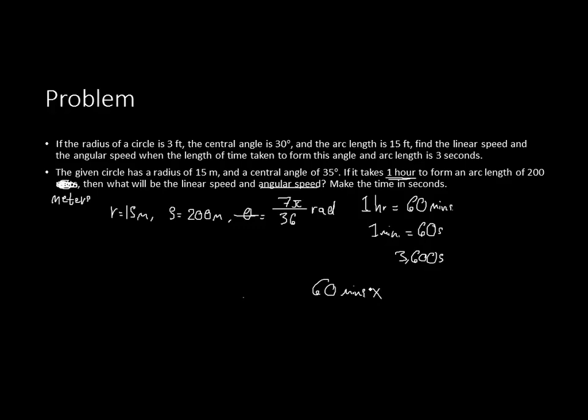Since we're looking for the seconds, the minute will be here and the seconds will be on top. The way I convert is what you call dimensional analysis. It's the same way I converted kilometers into meters, meters to millimeters. Do you remember the one we did in the previous problem?